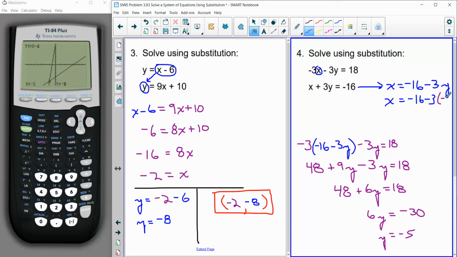Y is negative 5. So that would be negative 16 plus 15, because negative 3 times negative 5 is 15. So x is negative 1. All right, let's check. I think that our solution here is negative 1 for x and negative 5 for y.